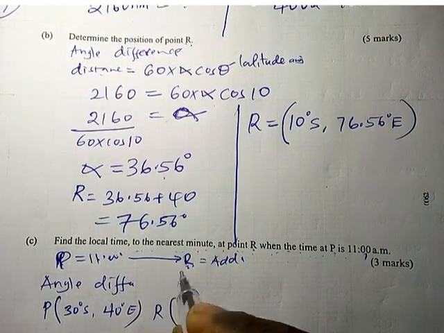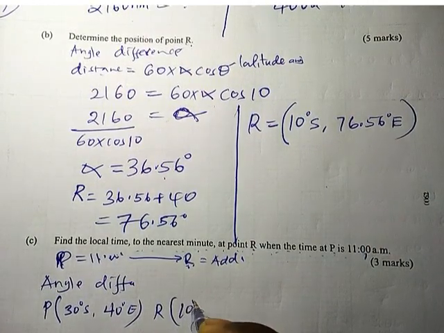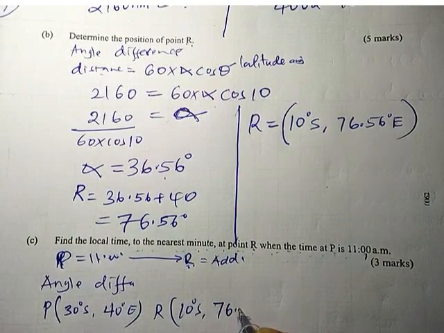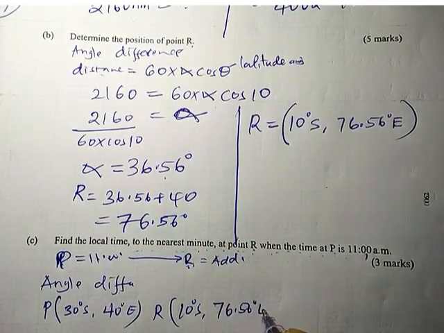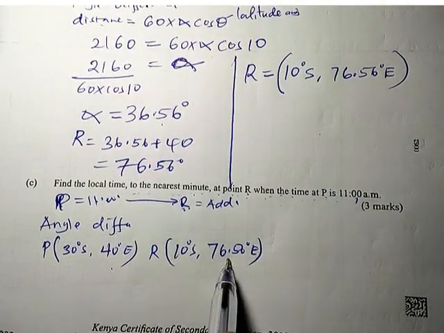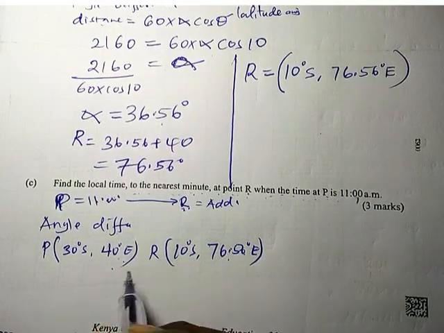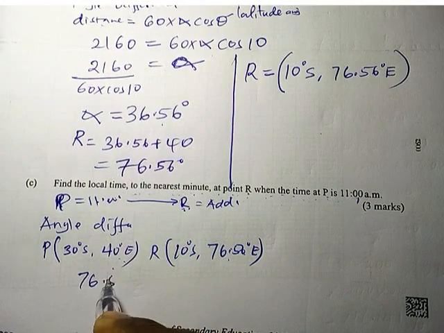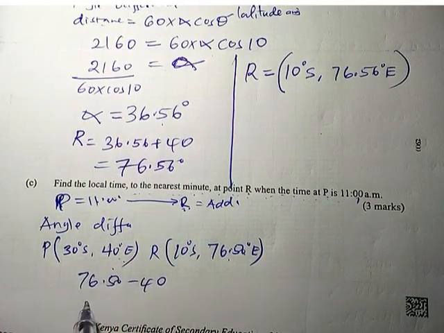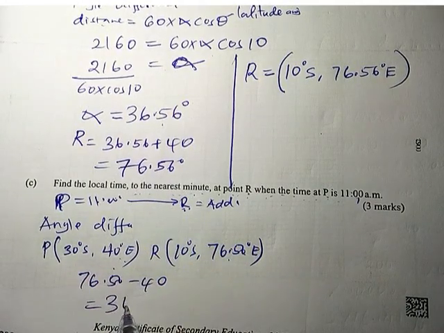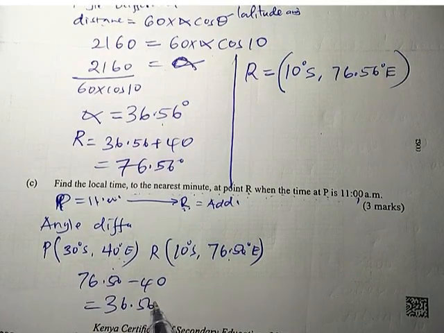R is 10 degrees south, 76.56 degrees east. So east, that is the longitude we have. What we are doing now is getting the angle difference, which is 76.56 minus 40, and that will give us 36.56 degrees.